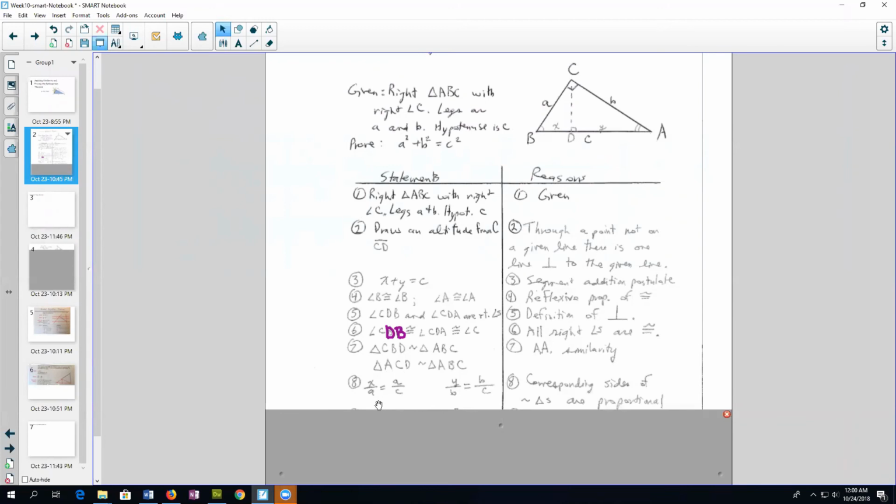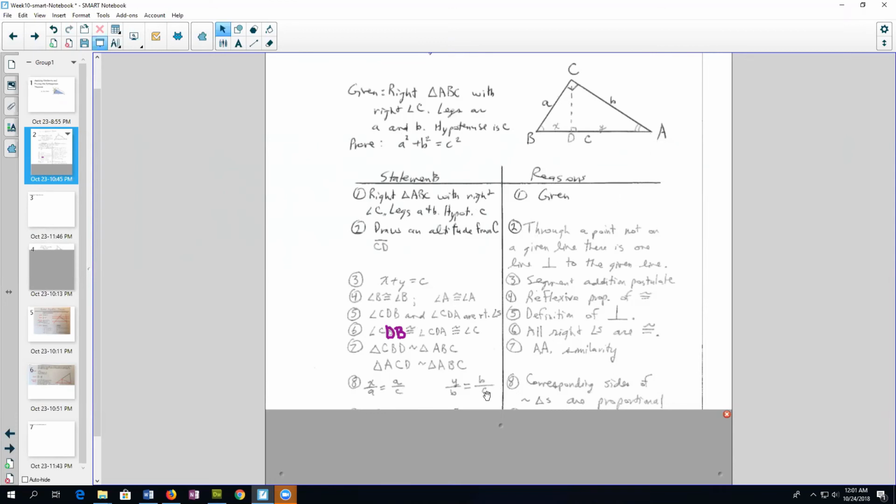Let's take a look. x over a equals a over c. x over a is short leg over hypotenuse in the left-hand triangle, and a over c is short leg over hypotenuse in the large triangle.